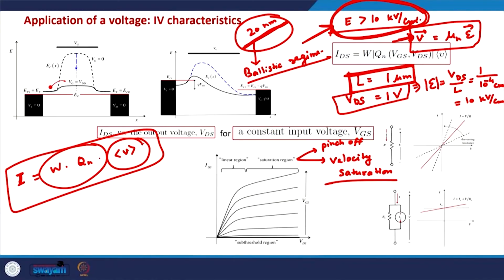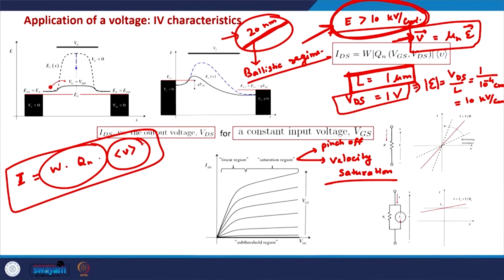So this velocity saturation, which appears because of the electron collision with other particles, atoms in the channel, will not happen. In extremely small channels of this order, 20 nanometers or so, the velocity saturation will not take place.